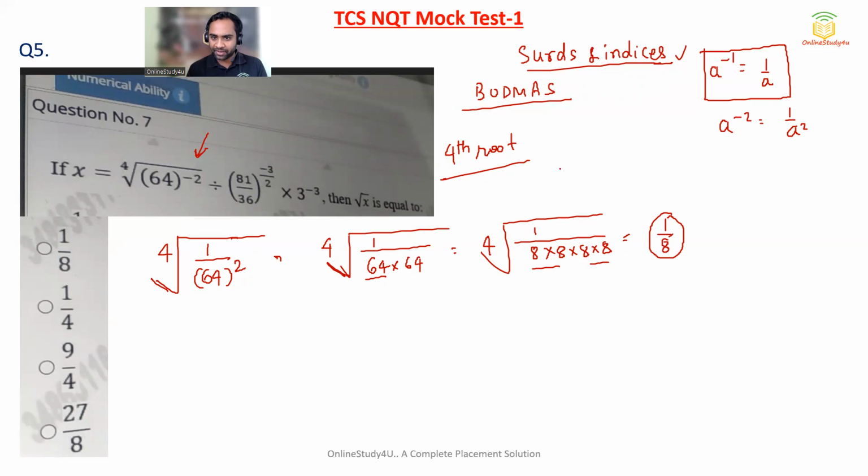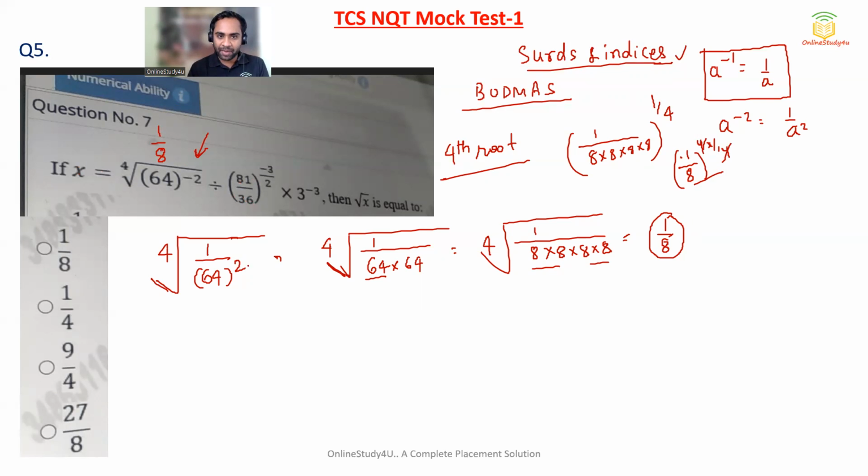See, basically what happens, fourth root means you can represent it like this. Here you are having 1 by 8 to the power 4 into 1 by 4, so this and this will get cancelled. So this is the idea behind that. So this one we solved, we are getting 1 by 8.